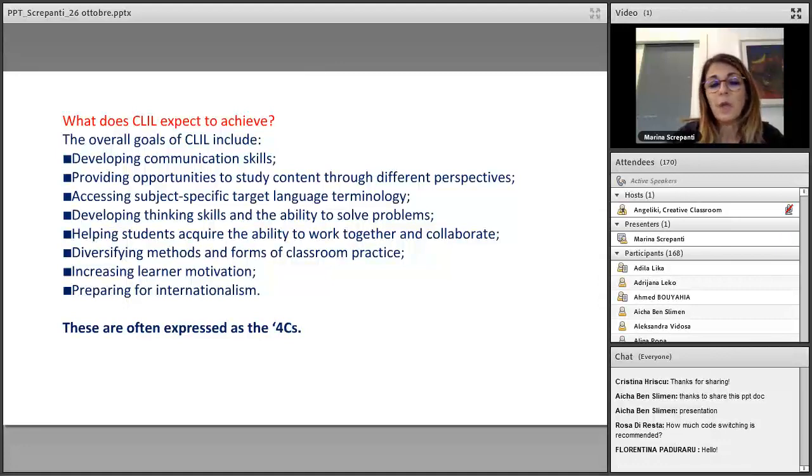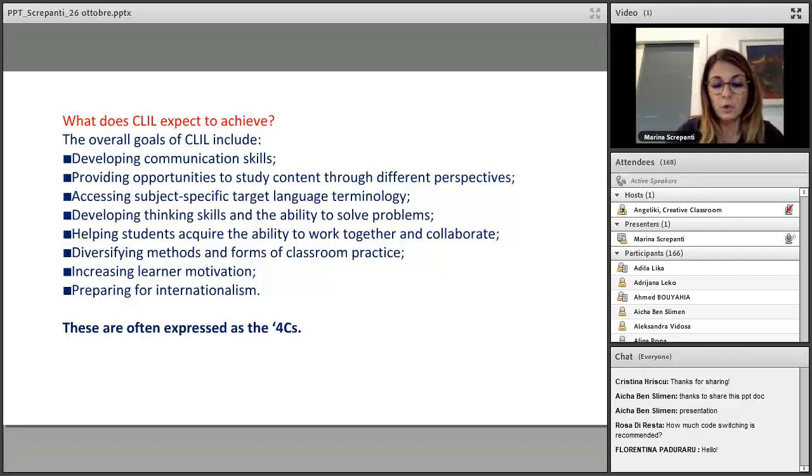Yes, obviously. But I must say that CLIL, if you understand the real value of the methodology, you can also use this approach in your own language. I mean, studying, for example, history in your language, because it's a very interesting method. So in this case, we are considering CLIL to reach double objectives, language and content.